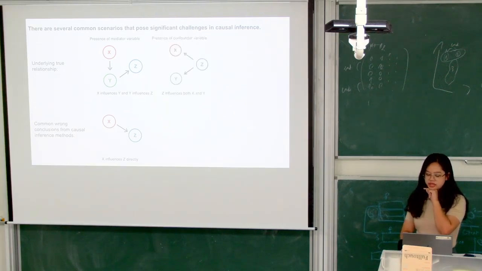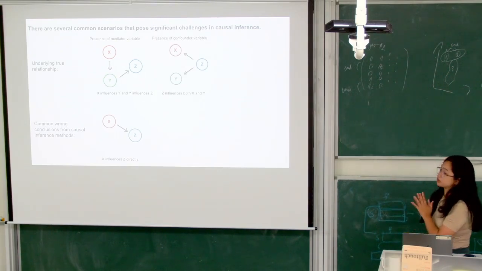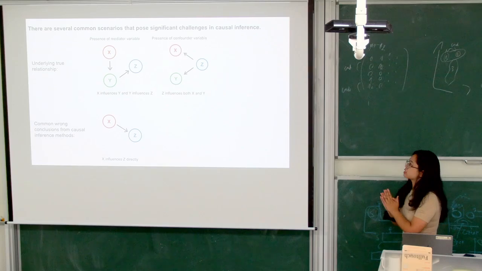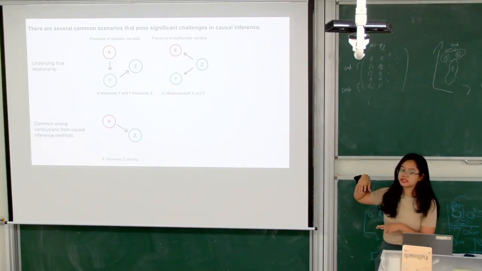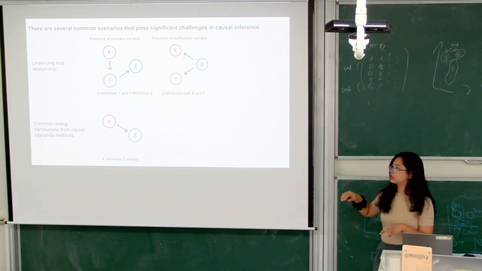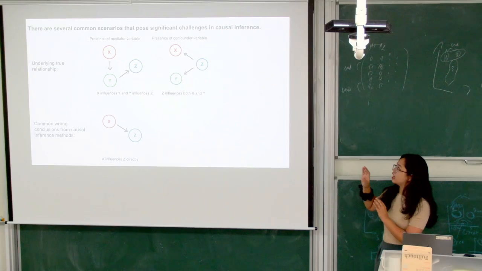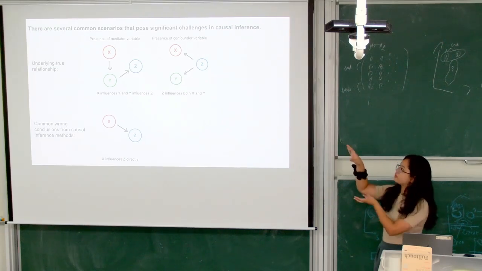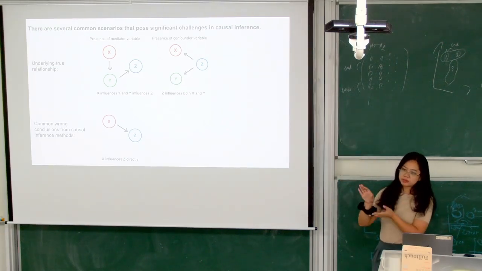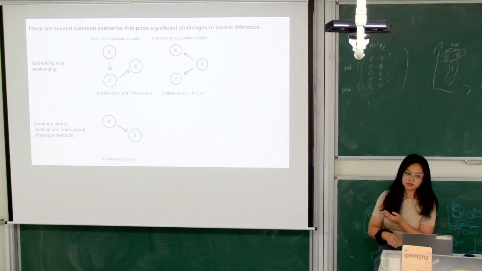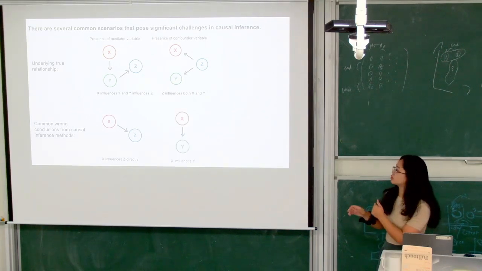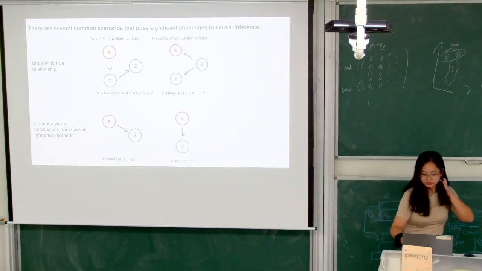Another common scenario is when there is a confounder variable. In this case, the variable z affects both x and y at the same time. Since z simultaneously affects x and y, it will appear that the effects in x and y are also simultaneous, so this is the wrong causality that it detects.